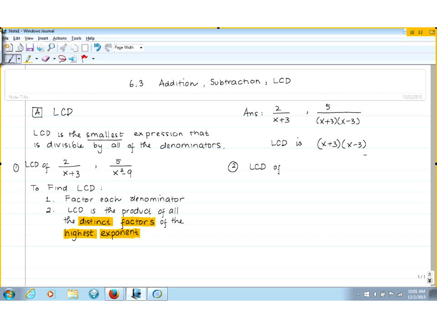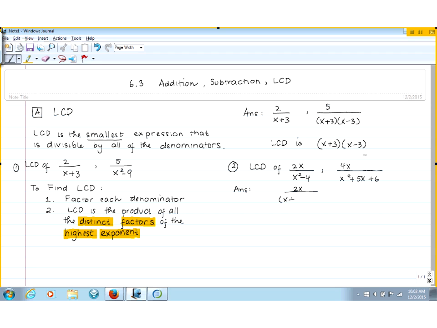All right. So number 2. How do you find the LCD of 2x over x squared minus 4 and 4x over x squared plus 5x plus 6? So what is x squared minus 4?